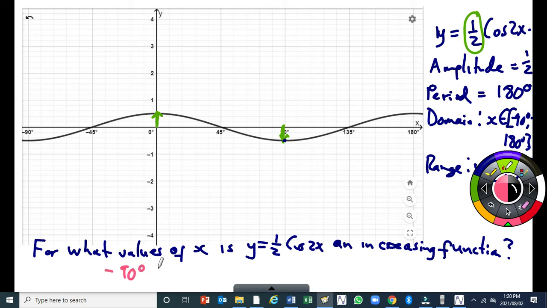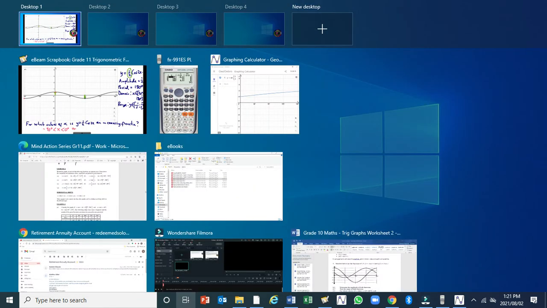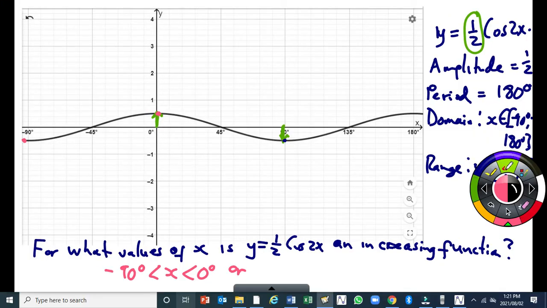Minus 90 degrees is less than x, and x is less than 0 degrees. That's the first interval. From here up to there, between those 2 points, the graph is an increasing function, which means the values of x are increasing as the y values are also increasing.